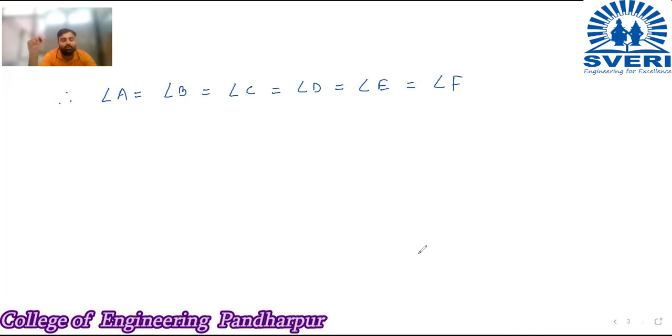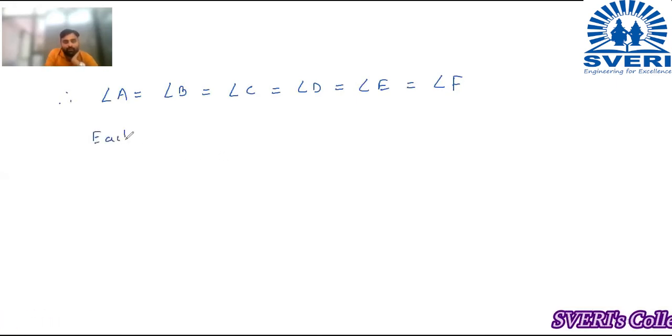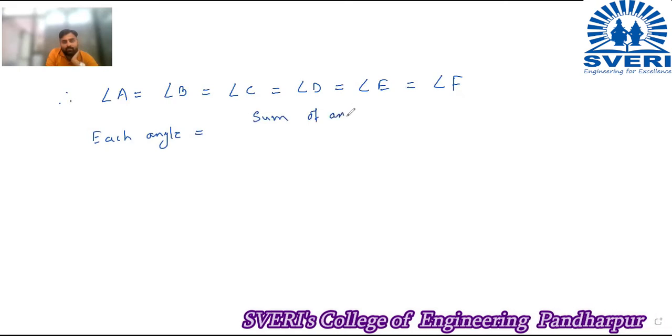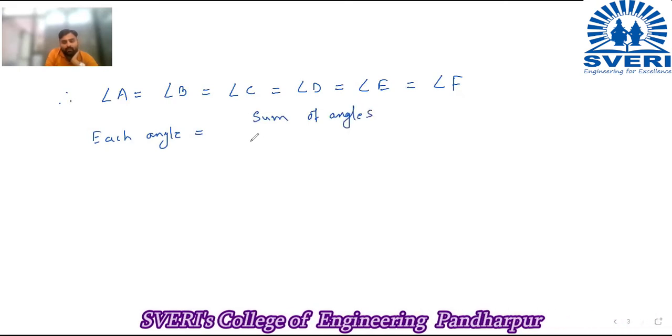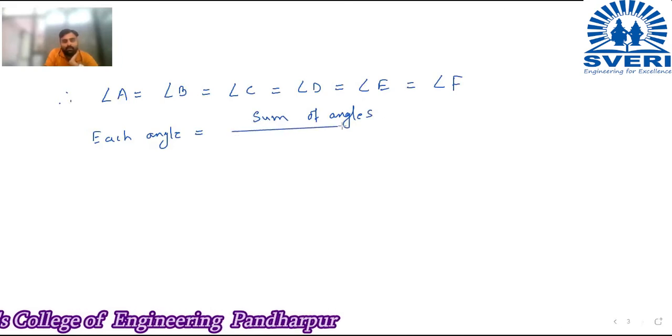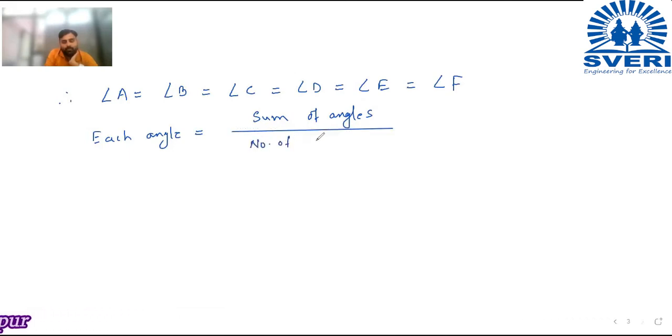So if I want to find out a single angle, then each angle is equal to sum of angles divided by number of angles.